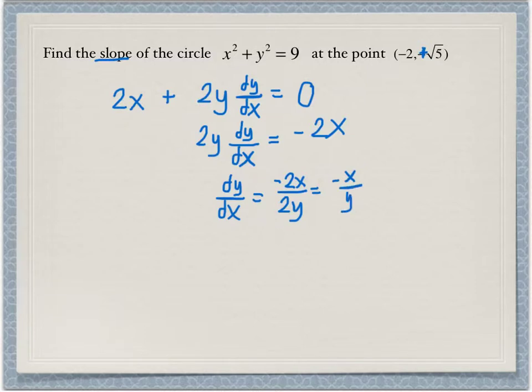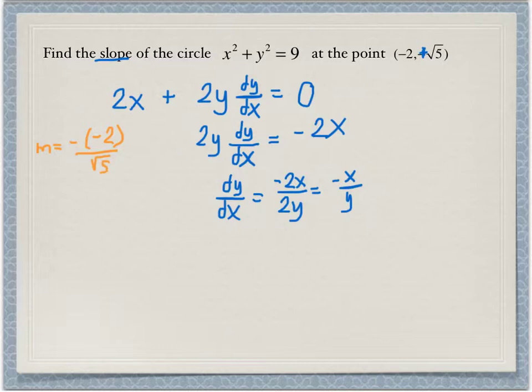What is that? That is the derivative, so that is the slope of that circle at that particular point. Now we could be a little bit more specific here. So that means that at that point my slope is going to be the opposite of negative 2 over square root of 5, like this.